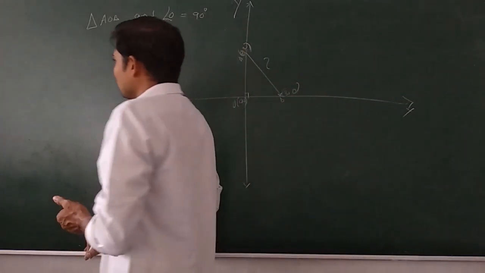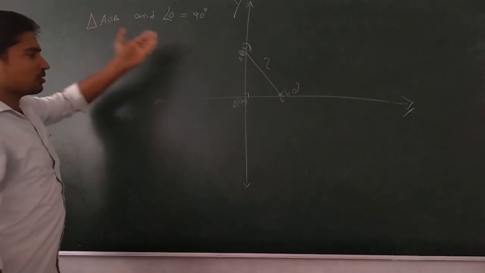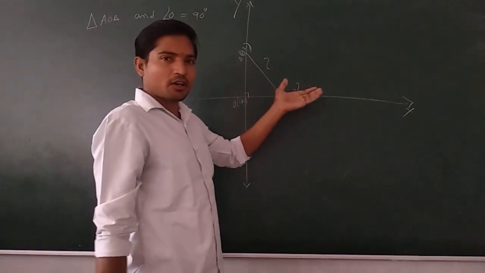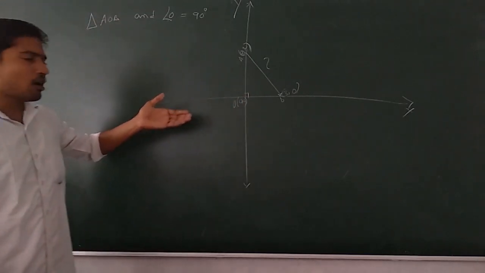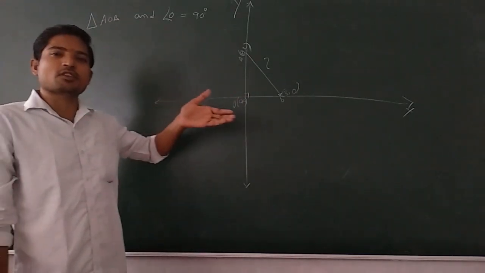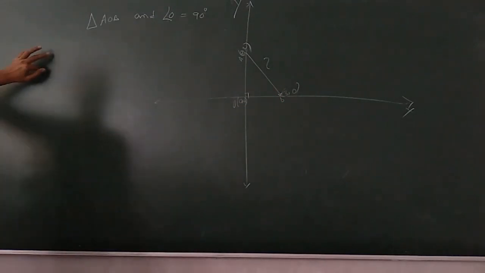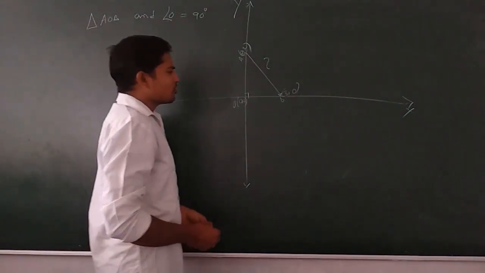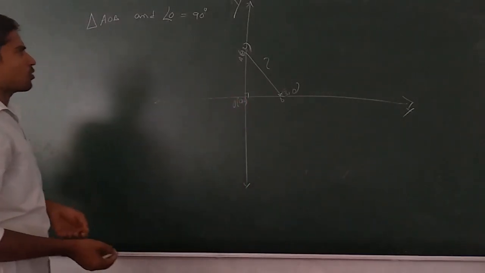So remember, always the side opposite the right angle is the hypotenuse. Then the square of the hypotenuse equals the sum of the squares of the other two sides. So let us use it.